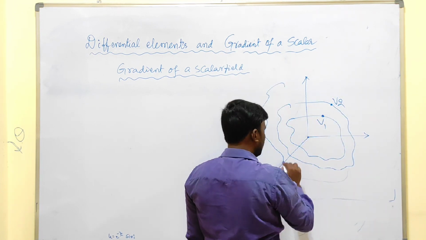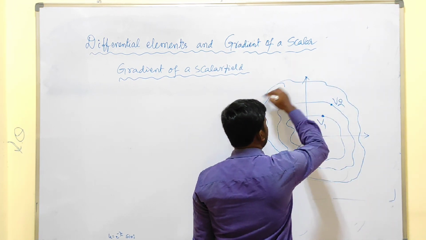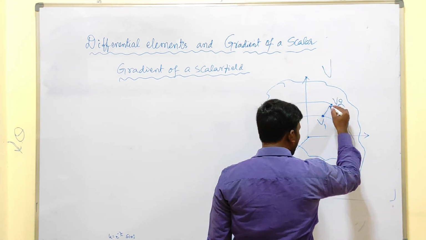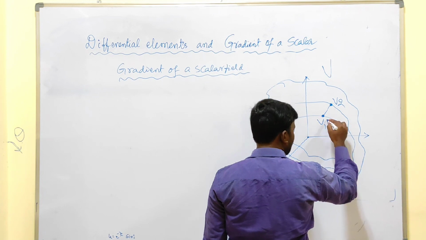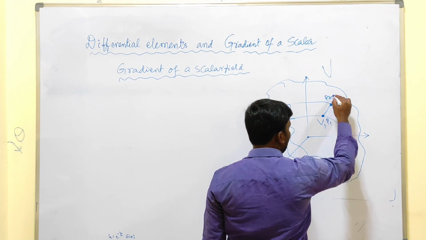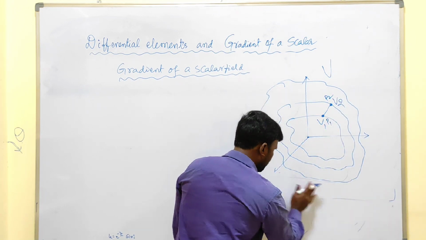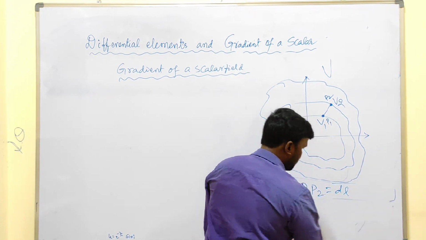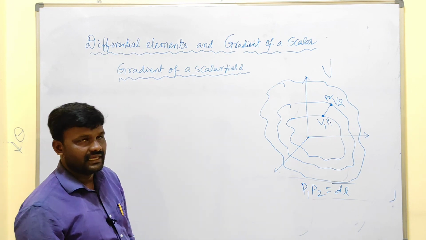It is an equipotential surface, and assume V1 and V2 are separated by a small distance. Here it is P1 and it is P2, and the distance between P1 and P2 is a small displacement, dl bar.